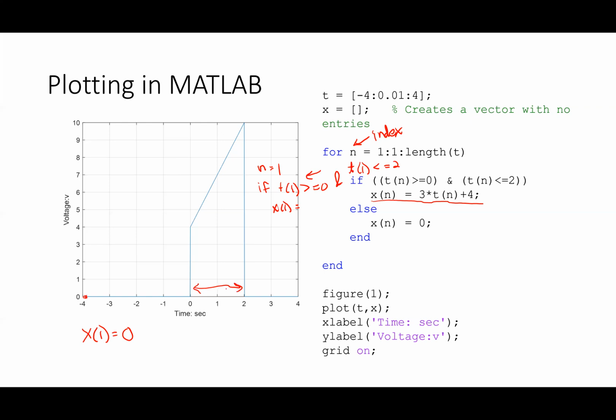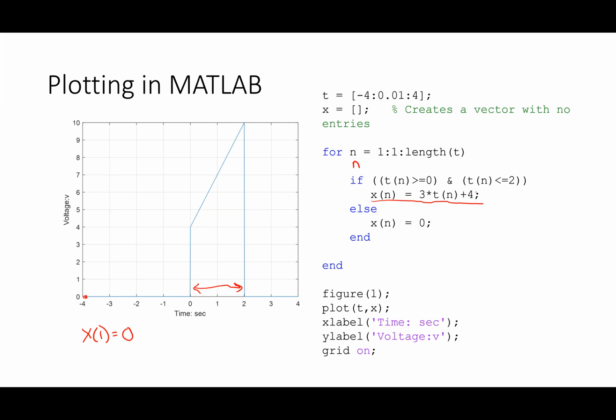So basically I'm computing individual points in that vector, and when I'm done, I make a plot of the whole thing. If you ever want to understand and follow what your loop is doing, you can easily output things to the screen in MATLAB. You could just write n, and it'll tell you what the n value is.